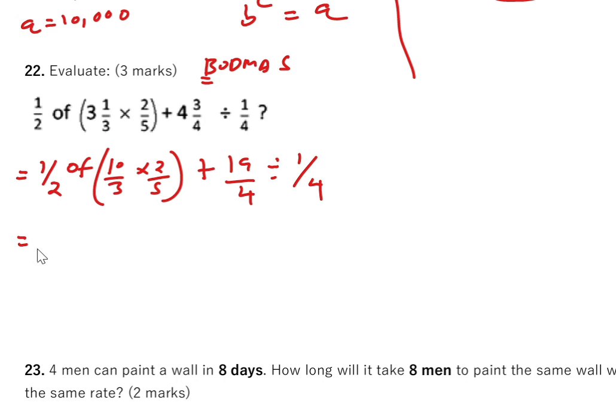So it will be a half of, so we multiply, so 10 over 3 times 2 over 5, so 5 into 5 once, 5 into 10 twice, 2 times 2, it will be 4 over 3. Here we have plus 19 over 4 divided by 1 over 4.